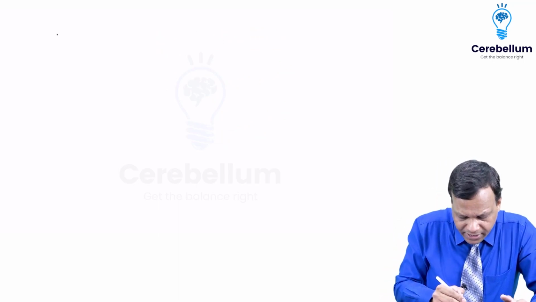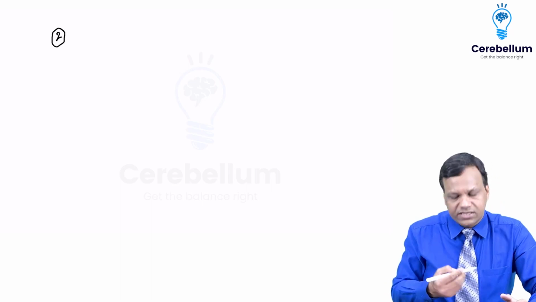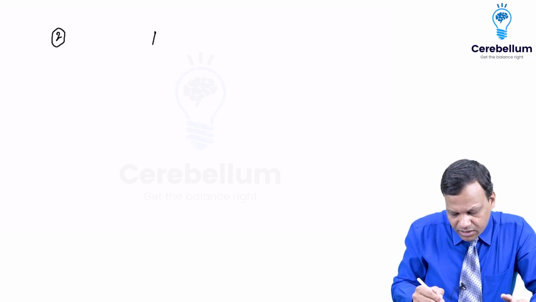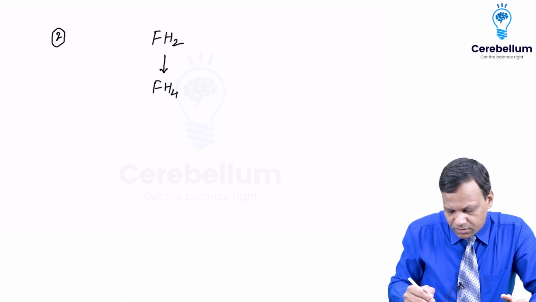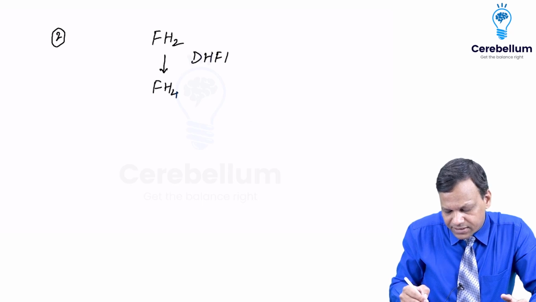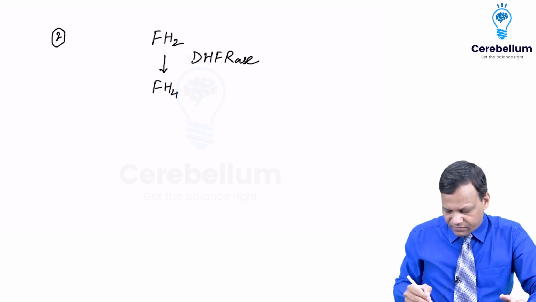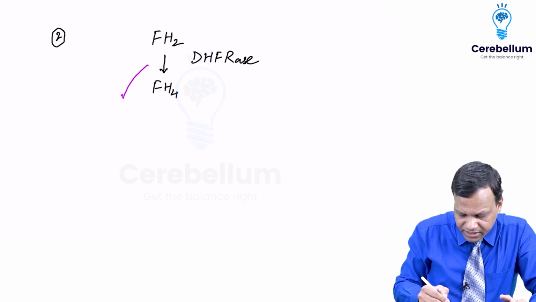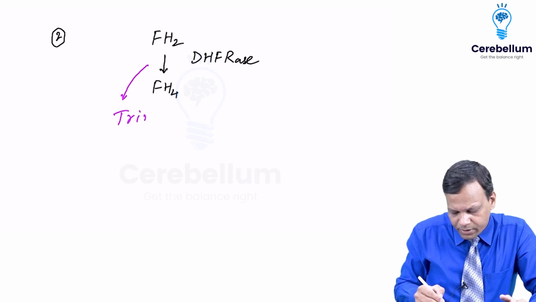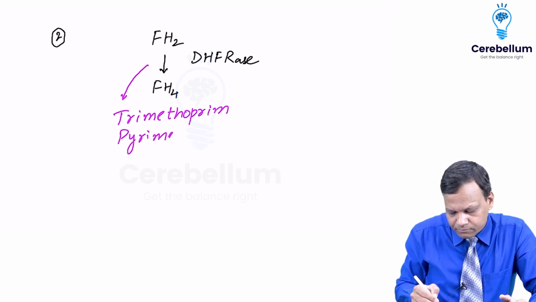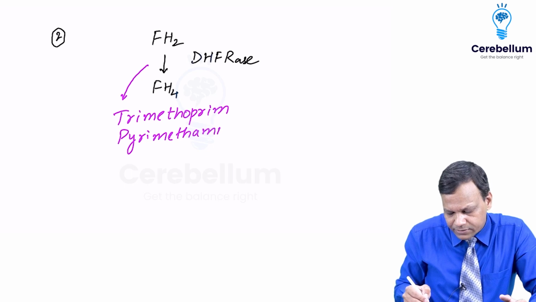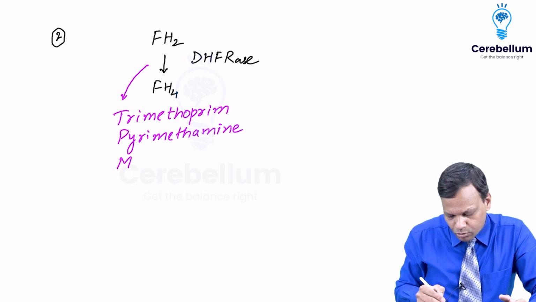Now moving to the second drugs, we discussed that in this group, the second enzyme which converts dihydrofolic acid to tetrahydrofolic acid is dihydrofolic acid reductase. And we discussed this is inhibited by three drugs: trimethoprim, pyrimethamine, and methotrexate.